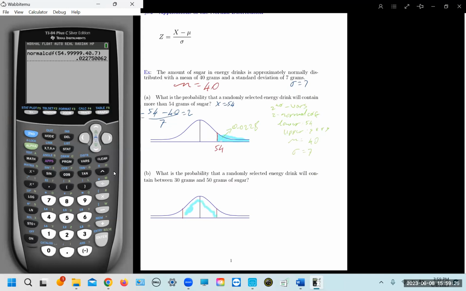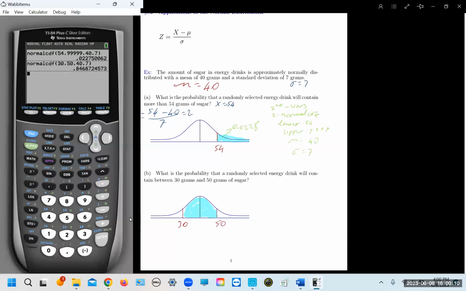So right here, this one is 30 and this one is 50. So we're looking for that area right there. We can still do the same thing, second vars and number two, and the lower is 30, the upper 50, and the same mu and same sigma.